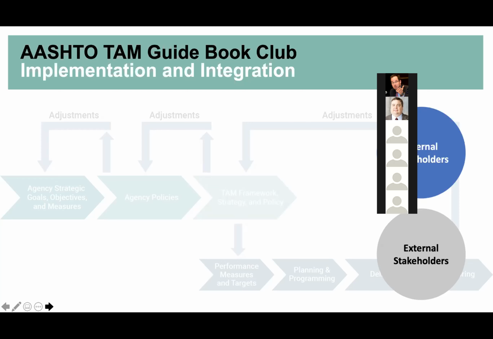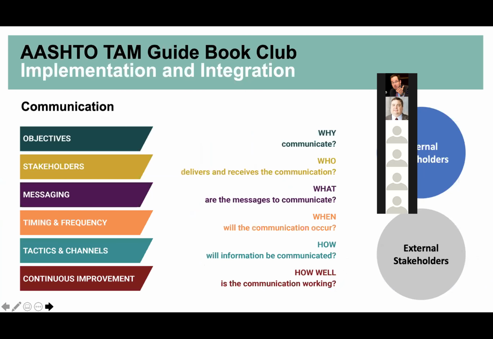The important thing when we consider all of these stakeholders, and to make implementation successful, is how we communicate with them. So on the next slide, we have another extract from chapter 2 of the guide, and it talks about some of the things we need to consider when we communicate. And this is really about how we make our implementation or our adjustments or our integration successful. It's really about considering those stakeholders, considering how they are different, considering the actions we want them to take.